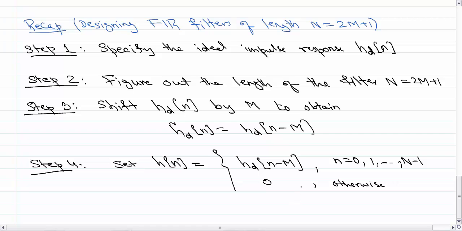So these are the 4 steps that you carry out, and this process is called windowing. In particular, this form of windowing is called rectangular windowing. Why is it called rectangular windowing?